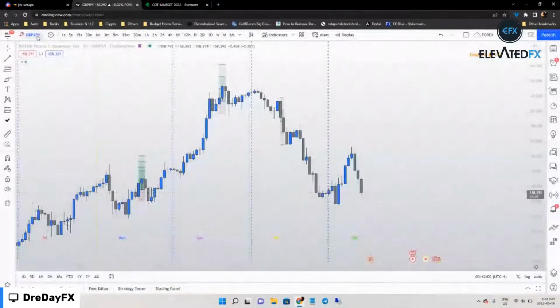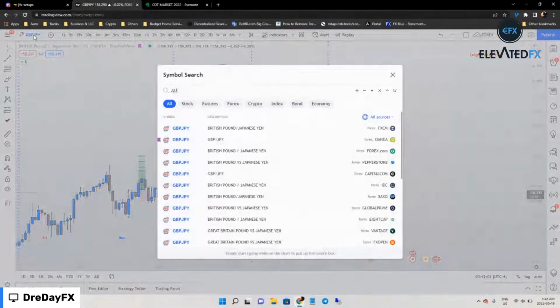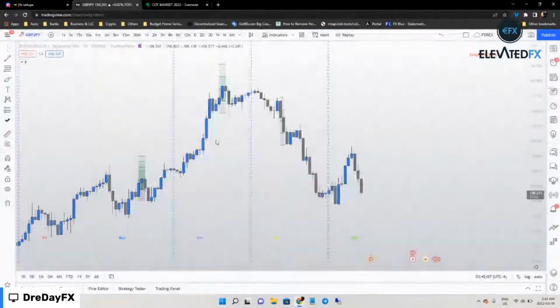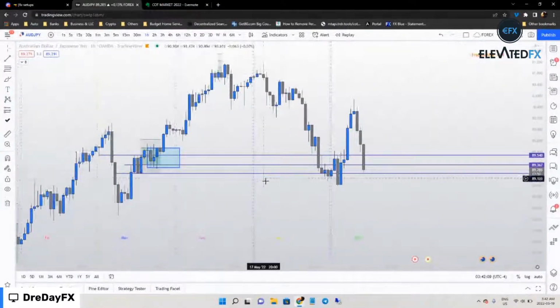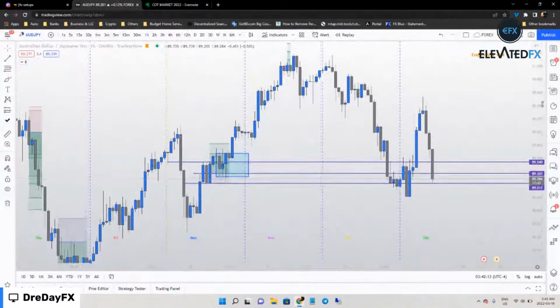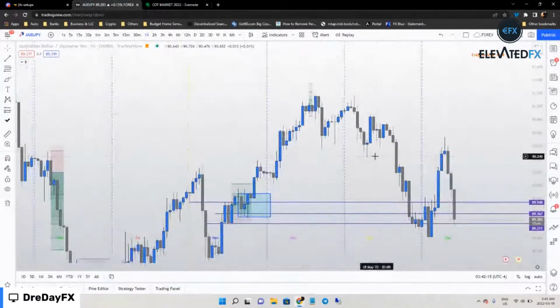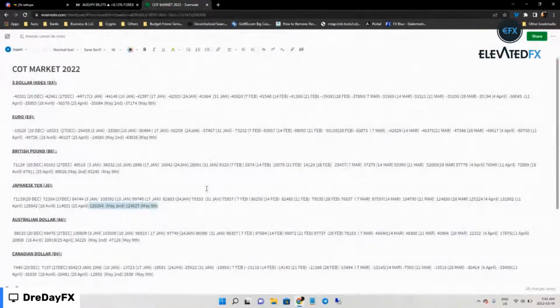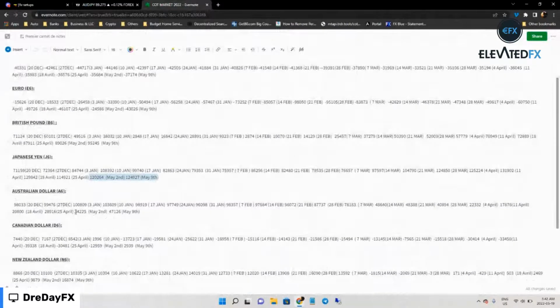Okay, let's look at AUD JPY. Same thing. Let's look at data. So yeah, JPY, we said it was around 4,000, and then Australian dollar, you have it at around 13,000.